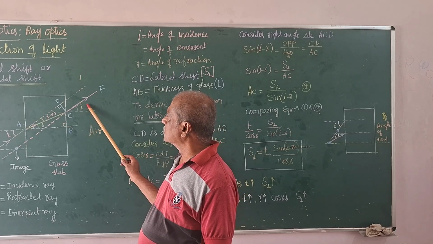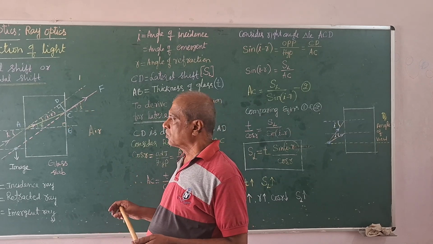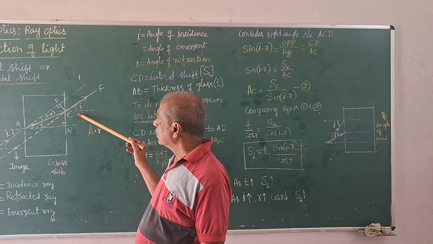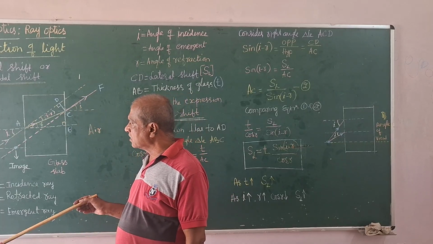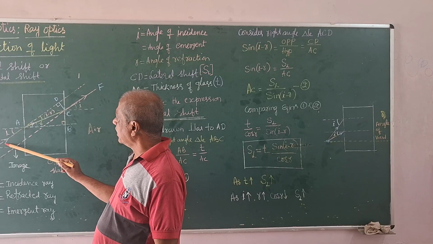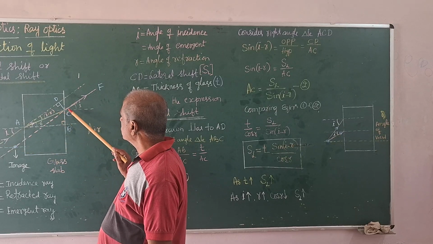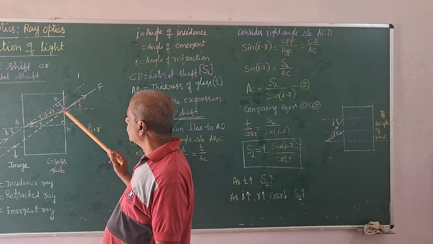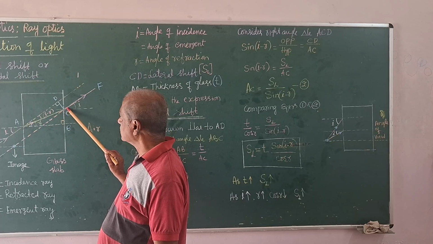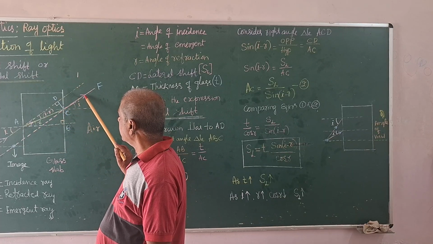In the viewer's view, how does it look? This line, what is that? This line of ray changes into this line of ray due to refraction through this. Refraction at two places. Look at the ray.